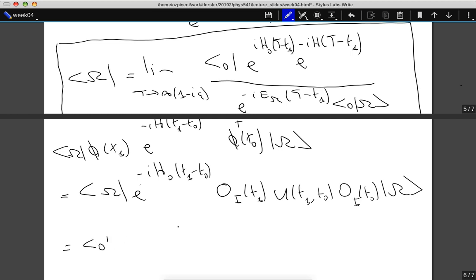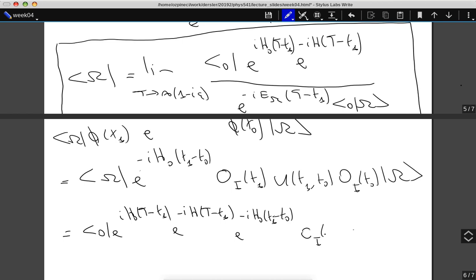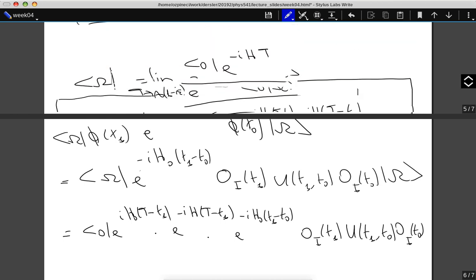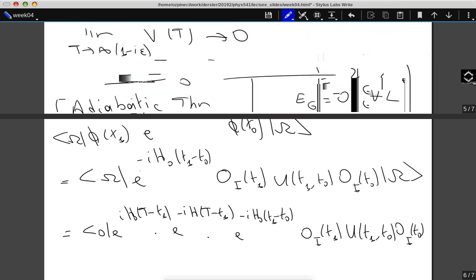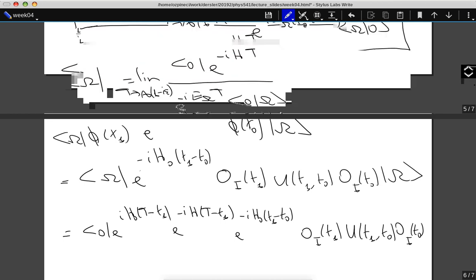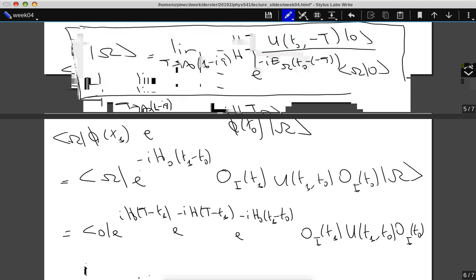So the vacuum, e to the power i H0 (t minus t1), e to the power minus i H (t minus t1), e to the power minus i H0 (t1 minus t0). Then I have O_I of t1, U of t1 t0, O_I of t0. Then I have the ket. The ket is over there. This is U of t0 minus t.